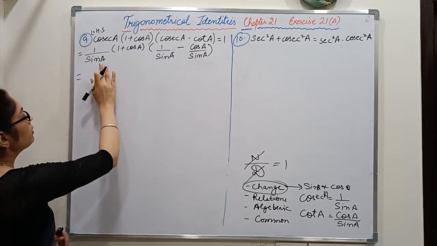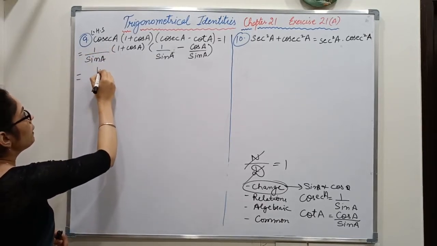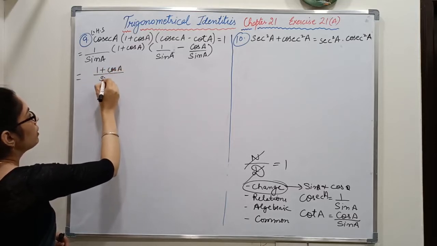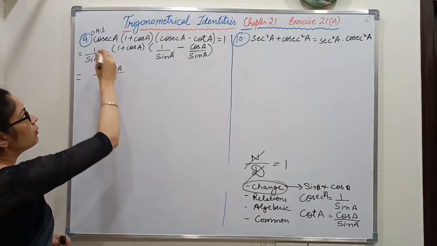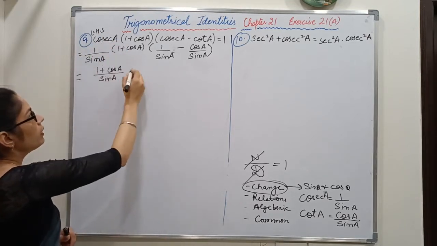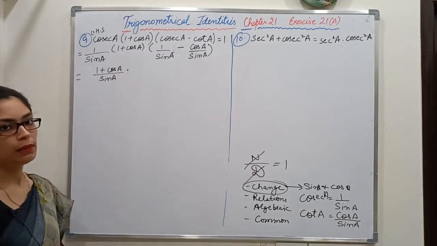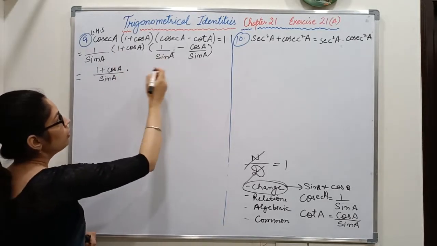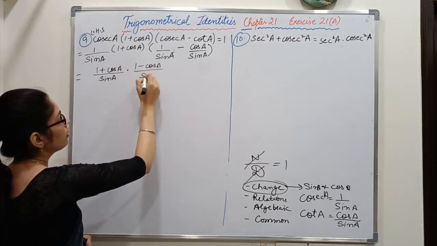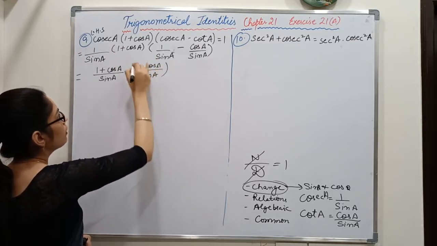Now let's write in this form. 1 into this, if we multiply, this will become 1 by cos A by sine, because we are multiplying with 1, and 1 into anything would be the same. This also, let's write as 1 minus cos A by sine A in a bracket.